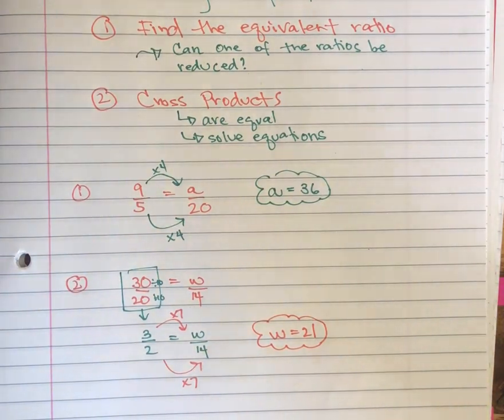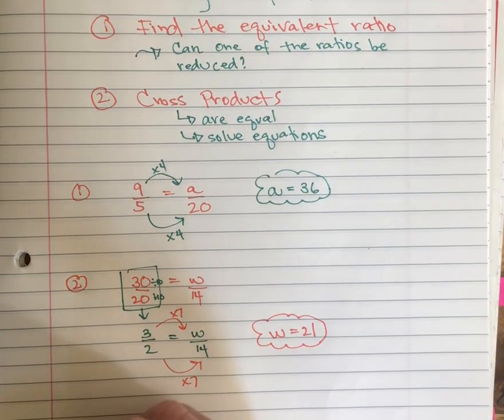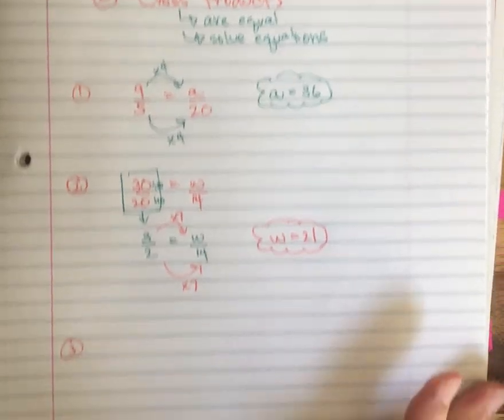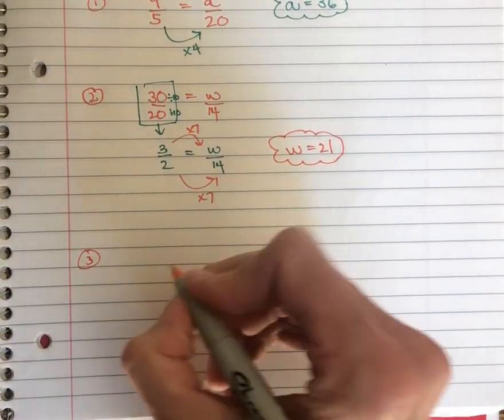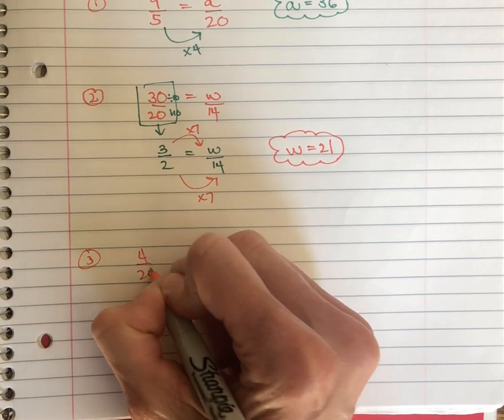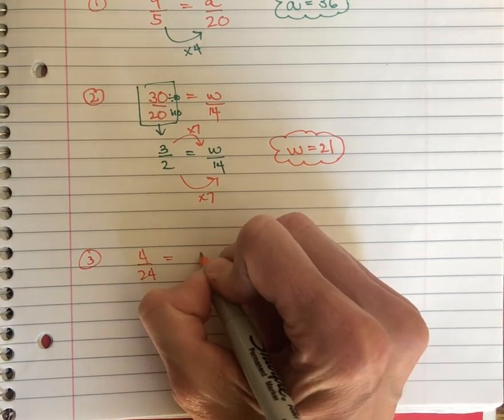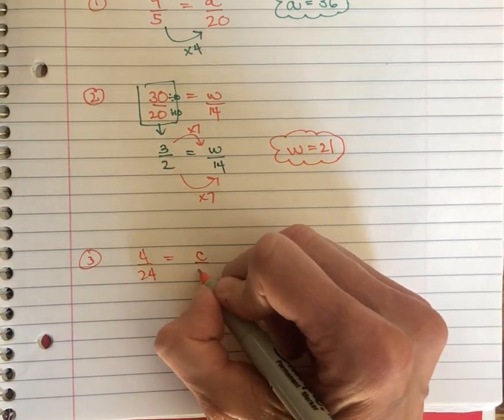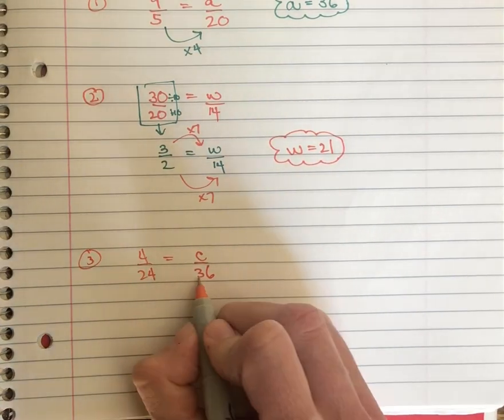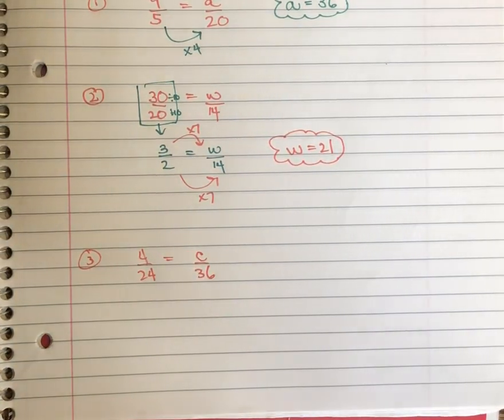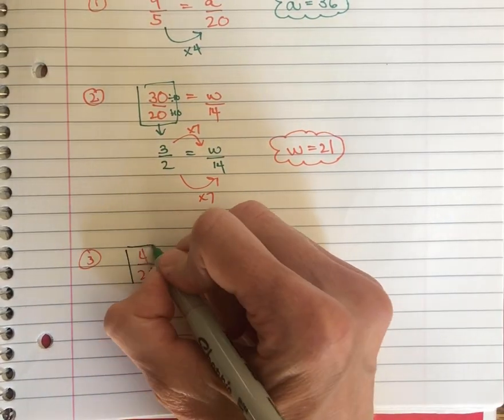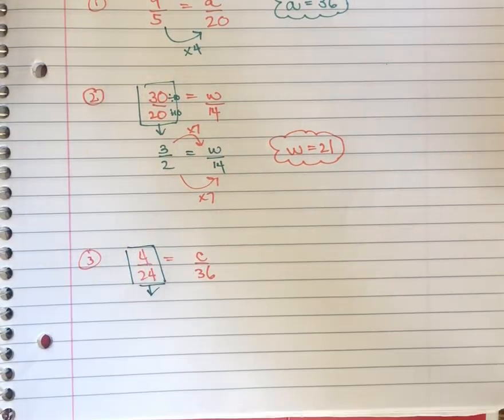Number 3. 4 is to 24 as C is to 36. Again, I don't know how to get from 24 to 36, but I do know that this ratio can be reduced.